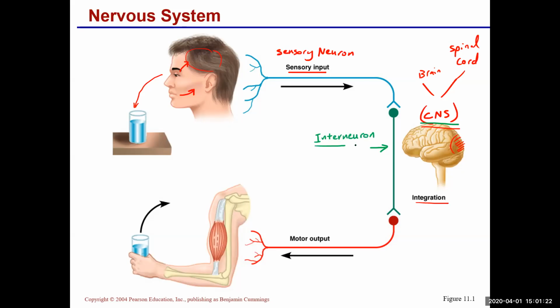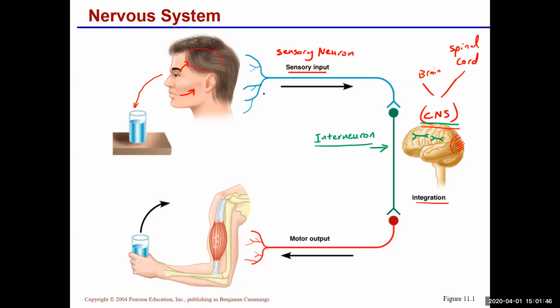The job of an interneuron is to transfer information from one part of the central nervous system to another. Think about all the nerves inside the brain communicating with one another. But information needs to get out.